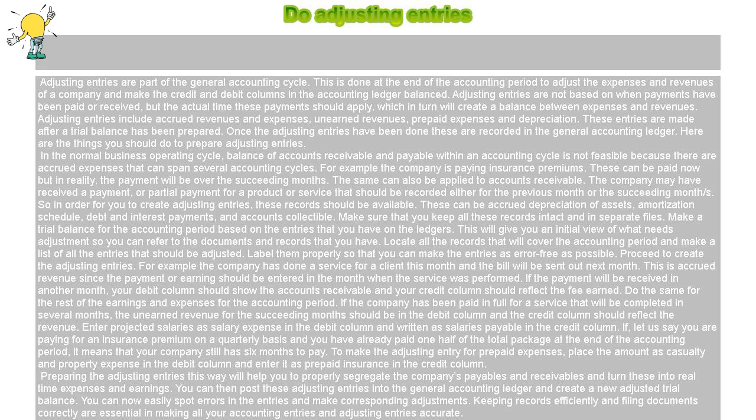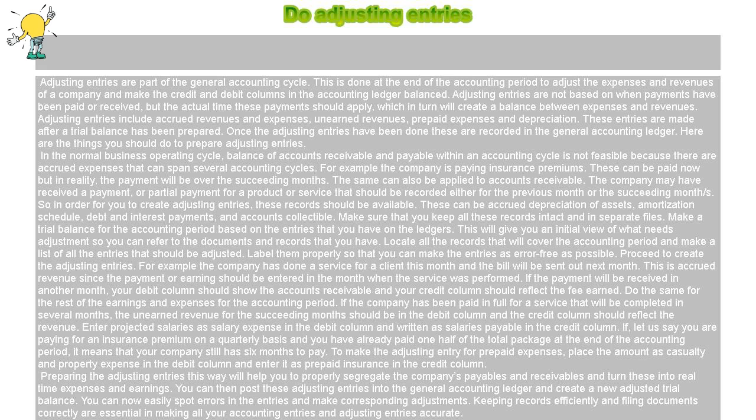Proceed to create the adjusting entries. For example, the company has done a service for a client this month and the bill will be sent out next month. This is accrued revenue since the payment or earning should be entered in the month when the service was performed.